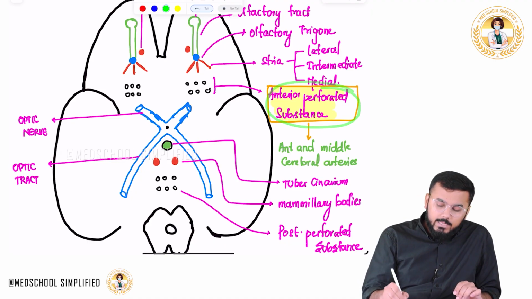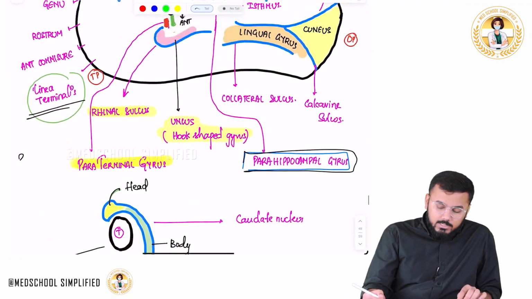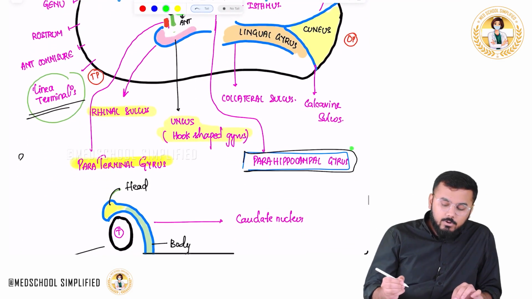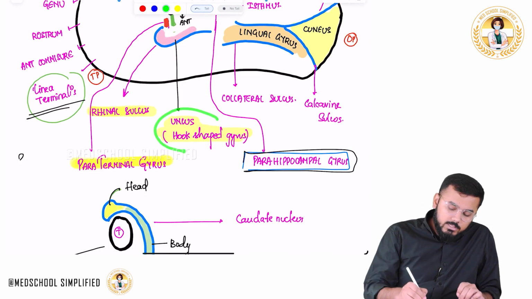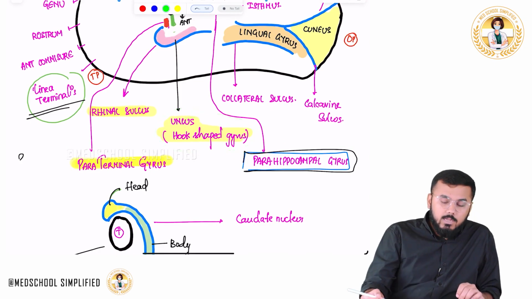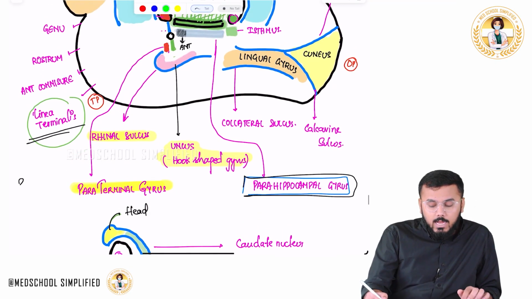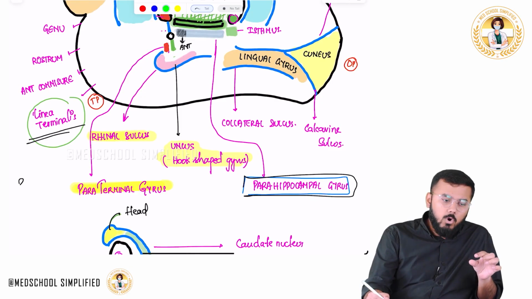One is the anterior perforated substance, right? Next, we discussed the anterior part of the parahippocampal gyrus. We have also discussed the uncus and the paraterminal gyrus. So these are the structures located within the piriform area.